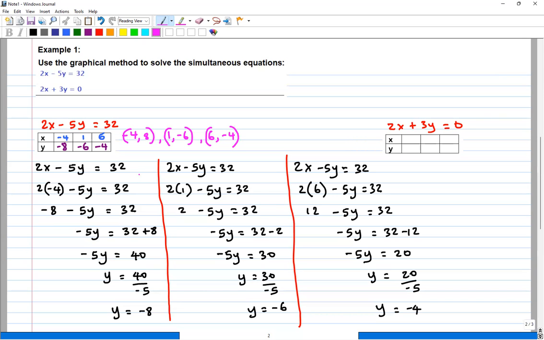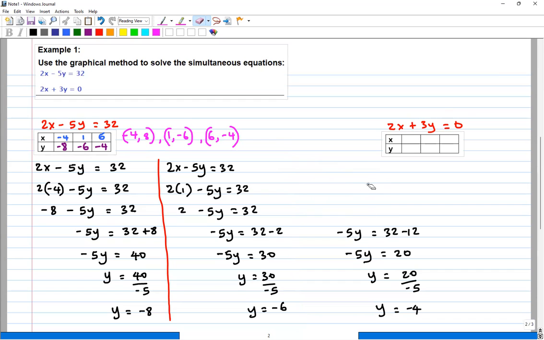I hope that is okay. Now, let's talk about equation number 2. Let me erase this to get enough space.